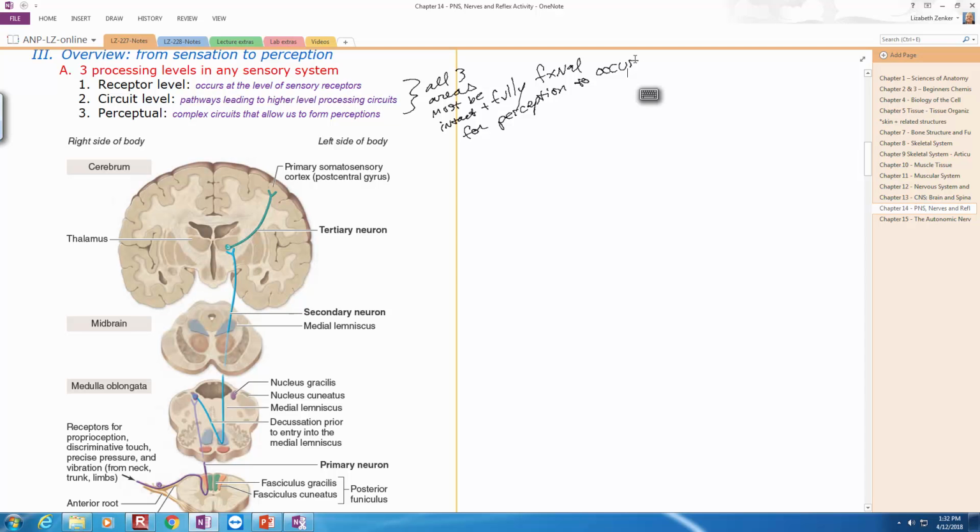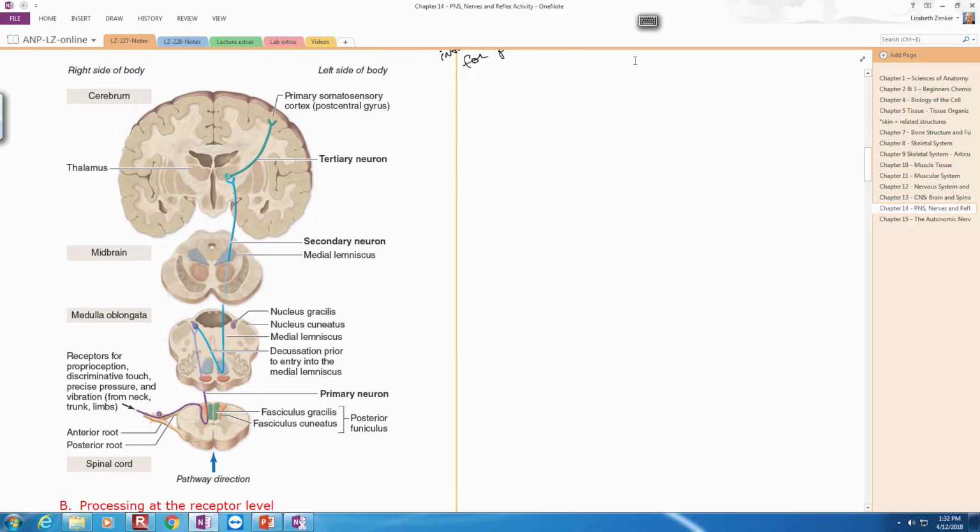So here we have our little brain. We have our spinal cord at the bottom. This is kind of a review of some of the exam material. So remember, this area right here is called what? Do you guys remember? What part of the brain is that?